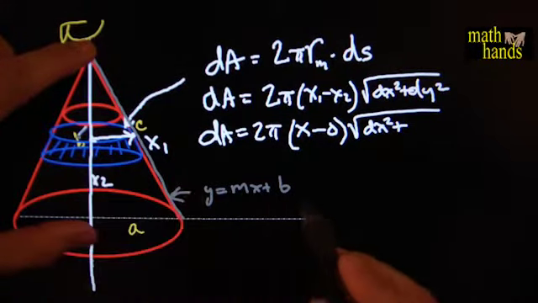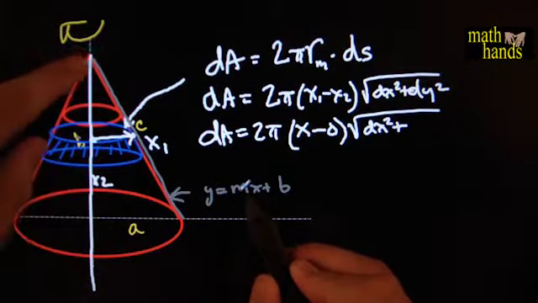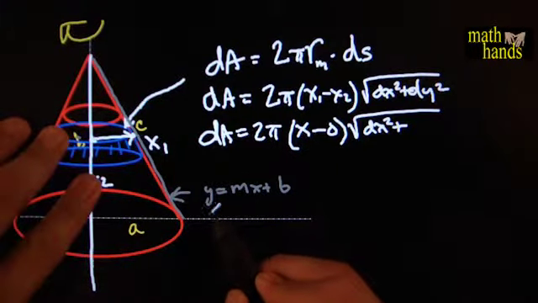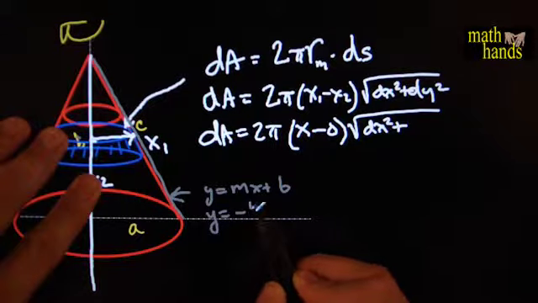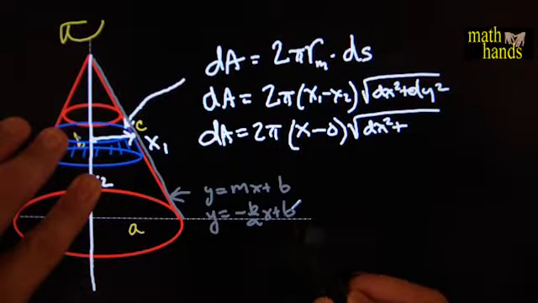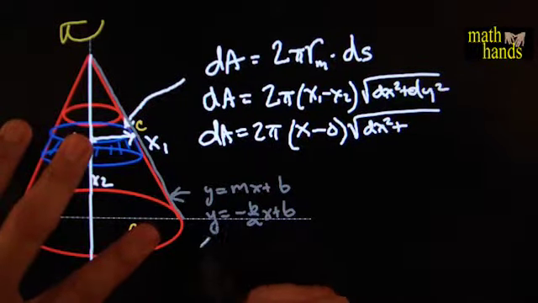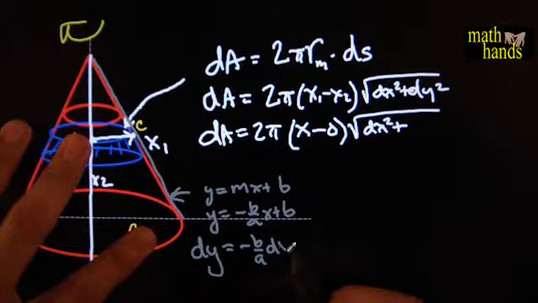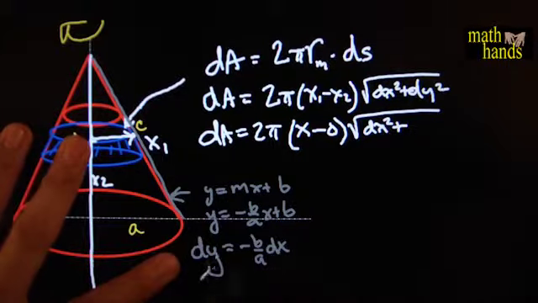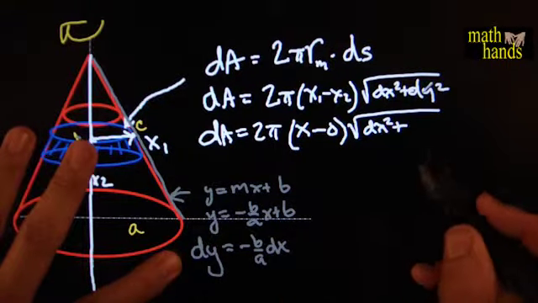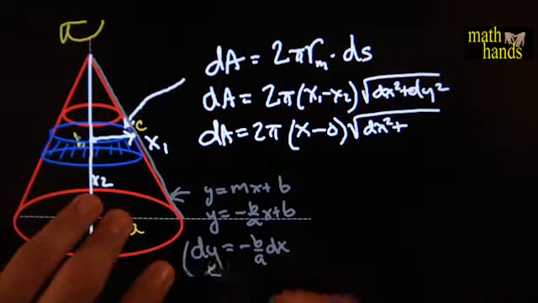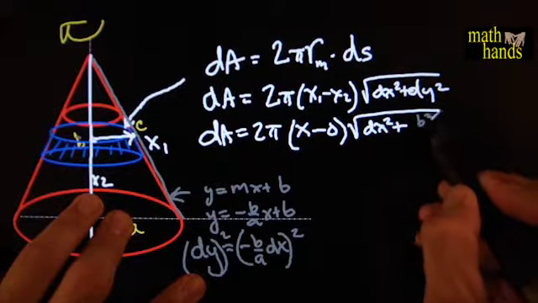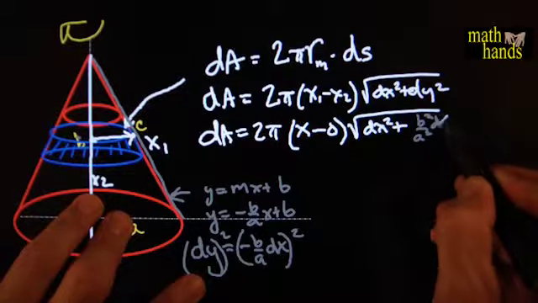That's funny. It's actually the same b. And the slope would be rise over run. So you rise down b over a. So your slope would be negative b over a. That's the rise over the run. So there you go. Now I need my dy. dy would be negative b over a dx. So I need a dy squared actually. I would put that here. So if I square this and I square that, that's what goes over here. So I'd get b squared over a squared dx squared.